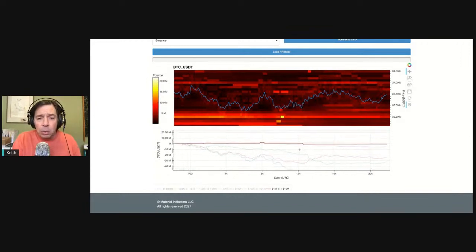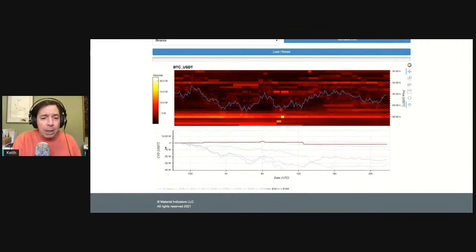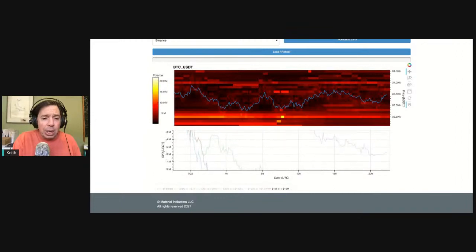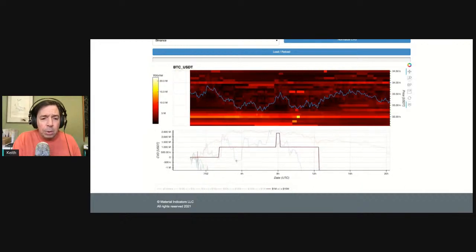I'm going to expand this, make it a little easier to see and identify. So, the first move came in from zero, nothing to start the day. $1 million.